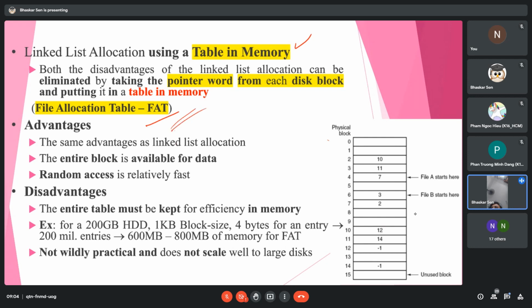So that is exactly how you get to see how it works. But there was a problem with the FAT table.